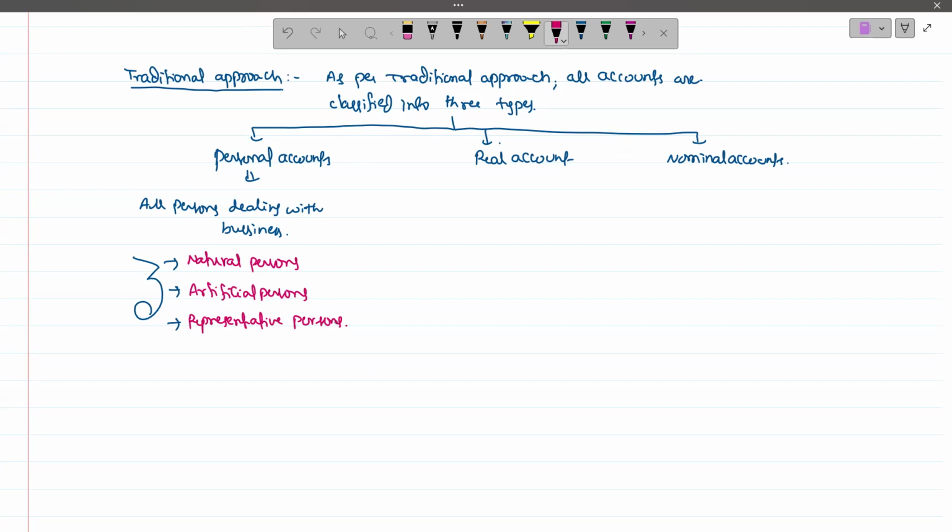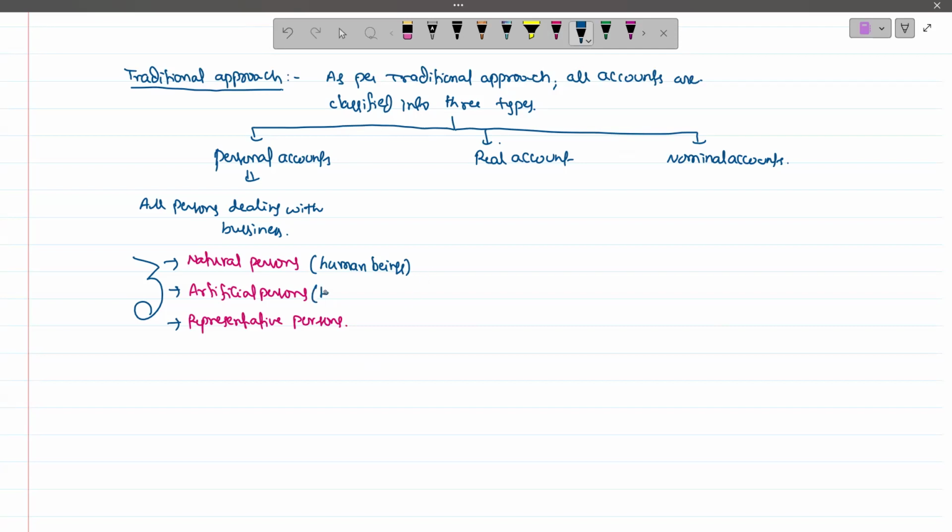Natural persons consist of all human beings. All human beings are covered under natural persons, like Rama account, Sita account, Abhi account, Bhargav account, Gopi account. So every human being dealing with the business is covered under natural persons.